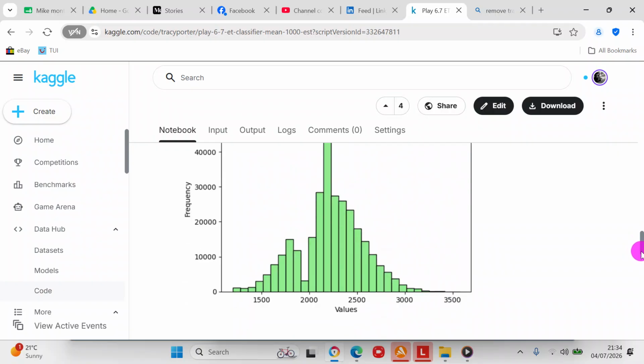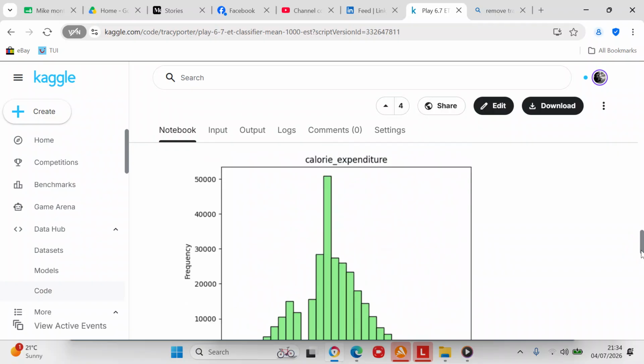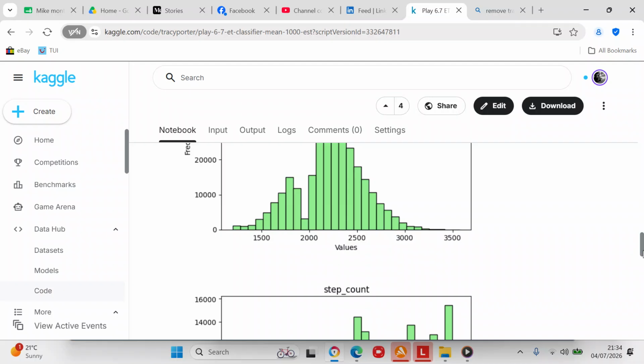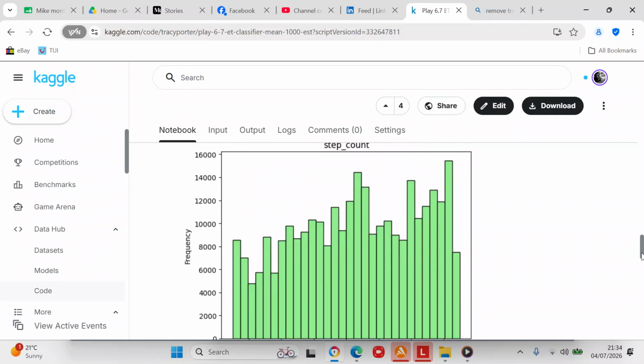Calorie expenditure was a little bit over 2,000 calories a day. And then a few people had 2,000 calories a day. So step count looks like a uniform distribution.